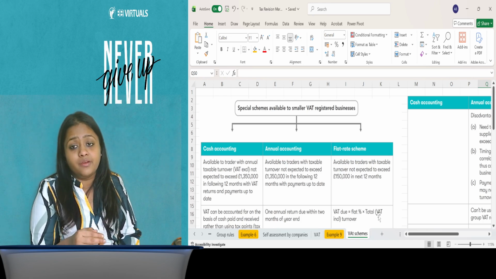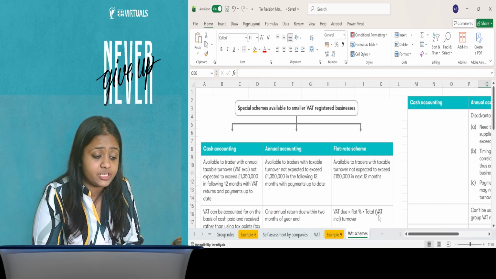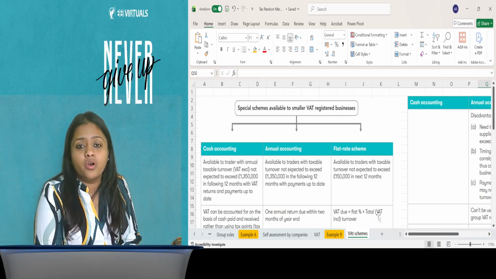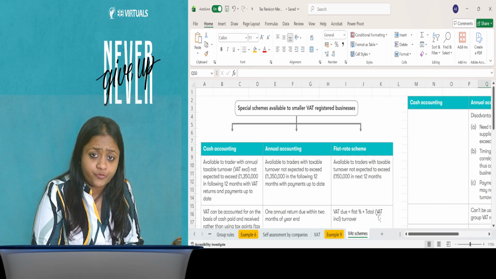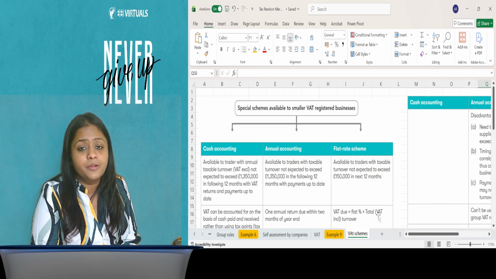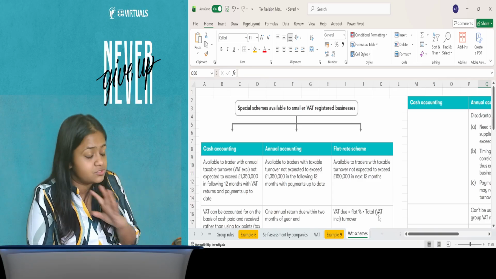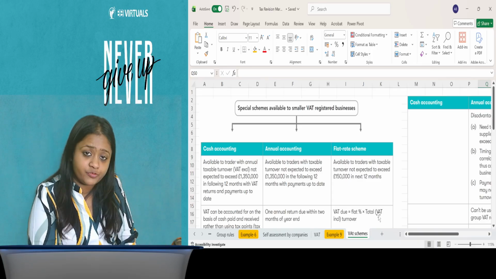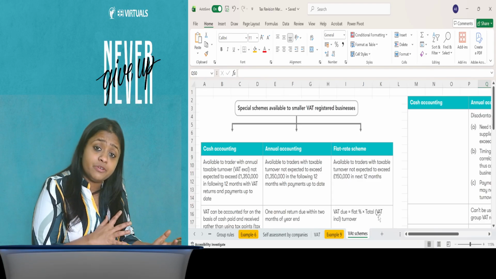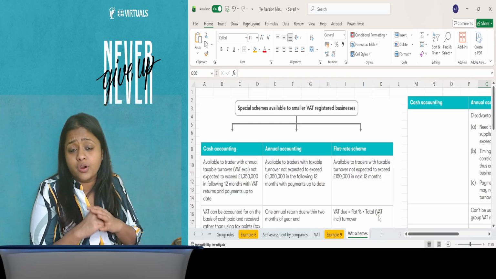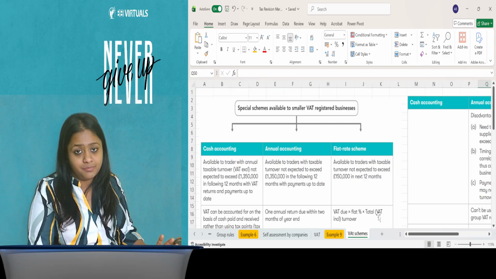Those traders that have an expected turnover of not more than 1,350,000 in the next 12 months, and in the previous 12 months, they've never had VAT defaults, penalties, nothing applicable.